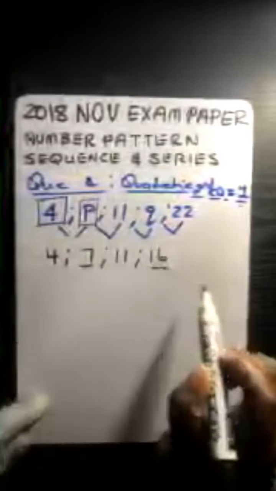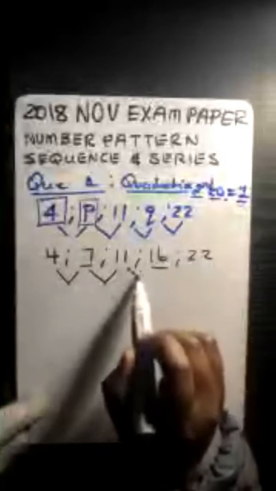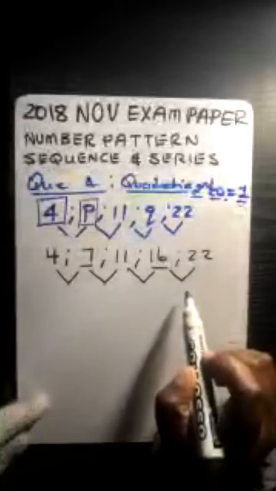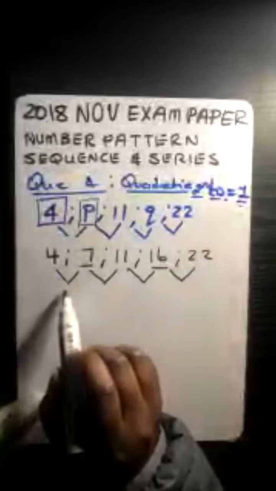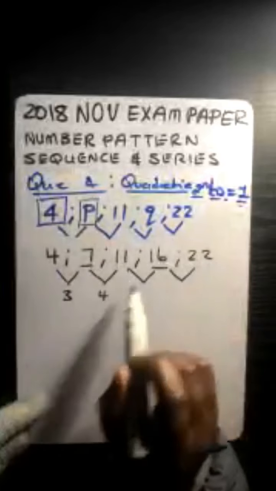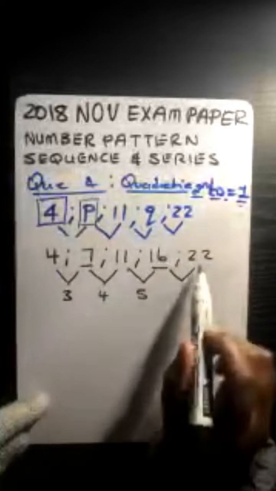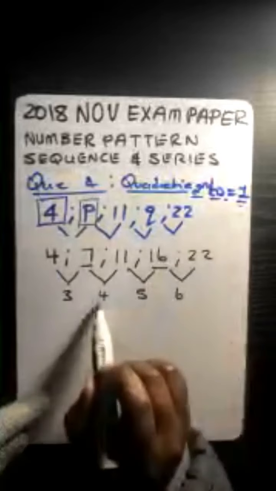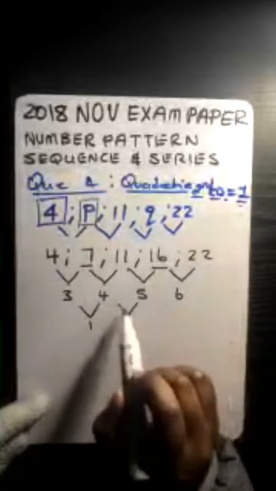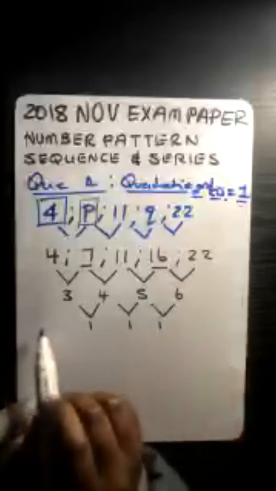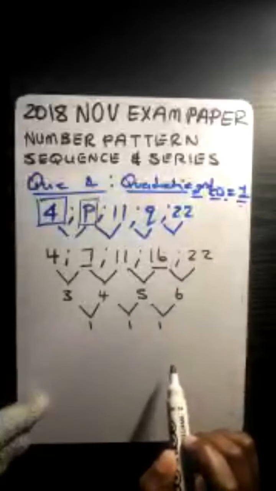They said Q is 16, and then this one is actually 22. So we can easily find the actual values. What is this minus that? It's 3. This minus that is 4. This minus that is 5. Can you see the difference is 1, 1, and then 1. So the second difference is 1, as they say over there.